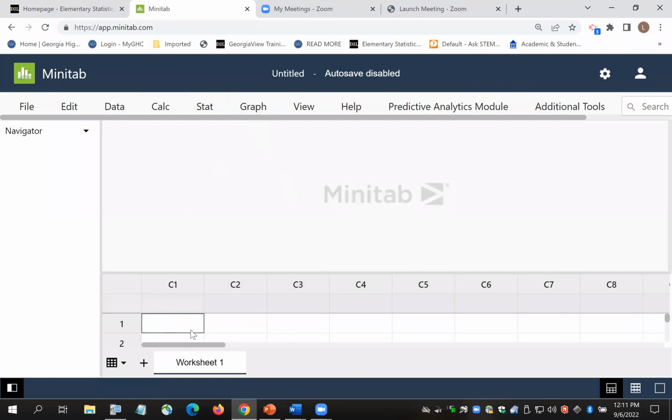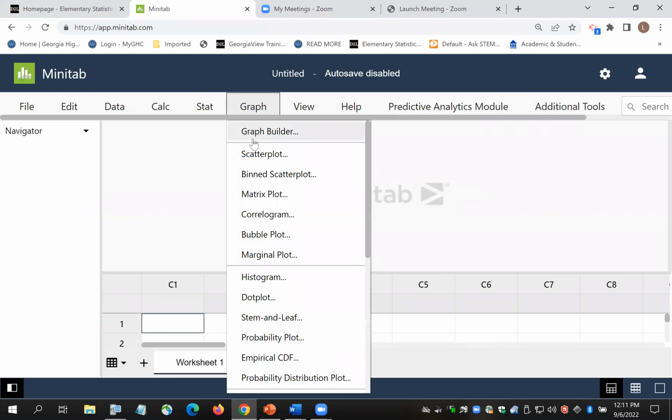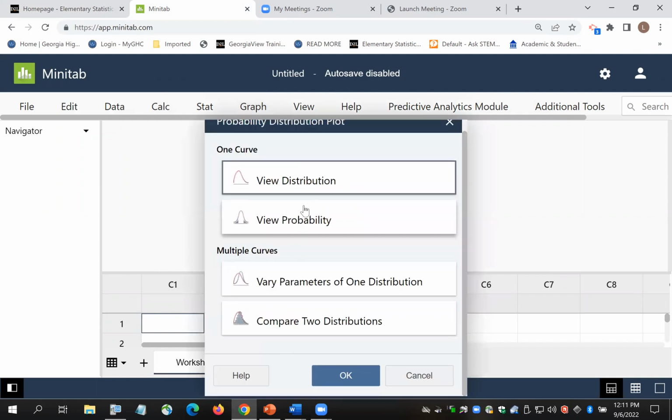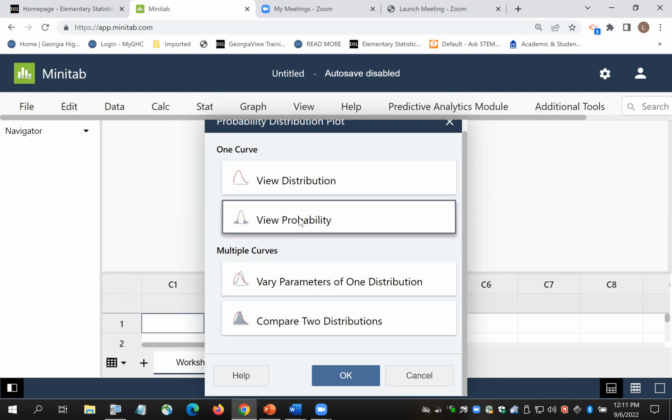I don't have to enter anything in the spreadsheet. I simply go up to my command, Graph, Probability Distribution Plot, near the bottom of the list. I'm doing one curve and I want to view probability. So I choose View Probability and I click OK.